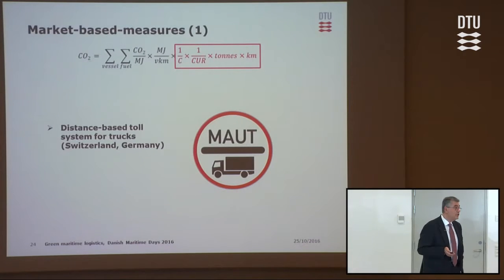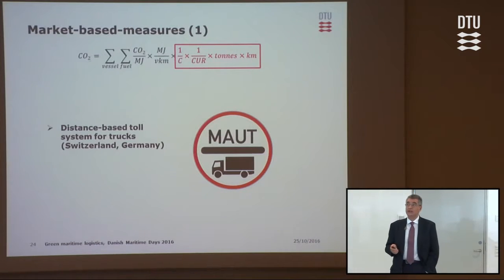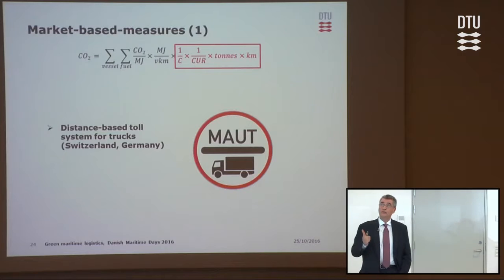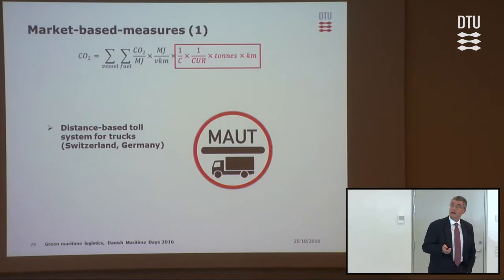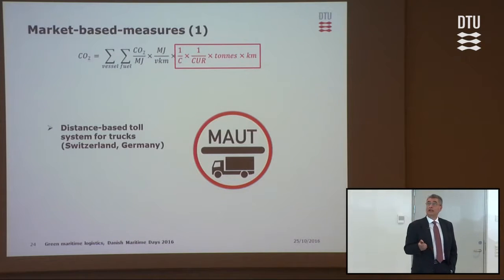The market-based measures are another family of policies that also involve a group of factors, and there are three types of them, targeting different entities. Here, the target is the vehicle kilometers.